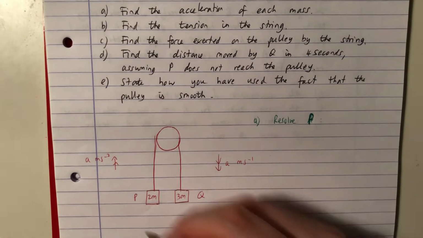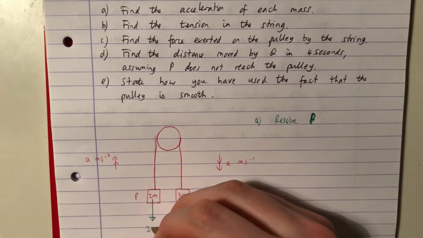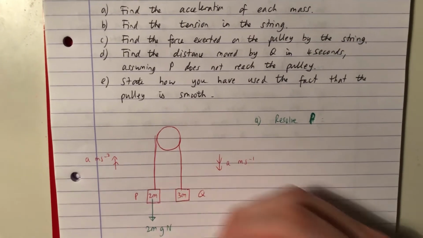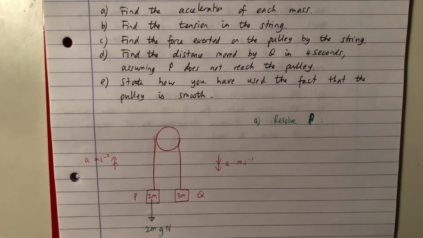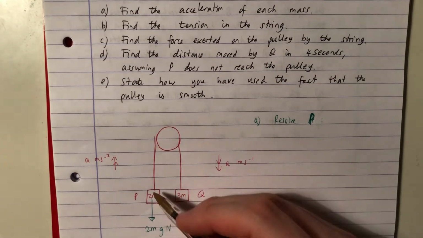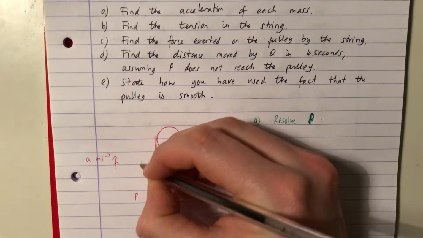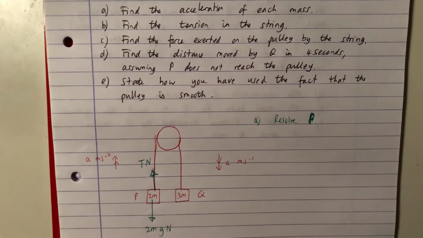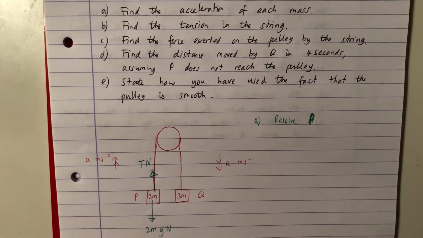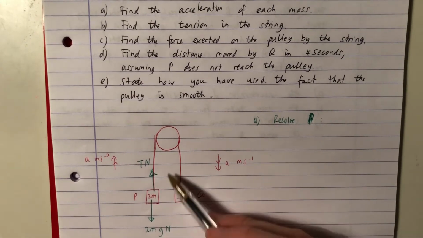Well, it has a mass, so it will have a weight, 2m times g newtons. And it's attached to a string, so there's a tension, T newtons, and that's it. There's no reaction force, there's no friction because it's a smooth pulley, just a weight and a tension.